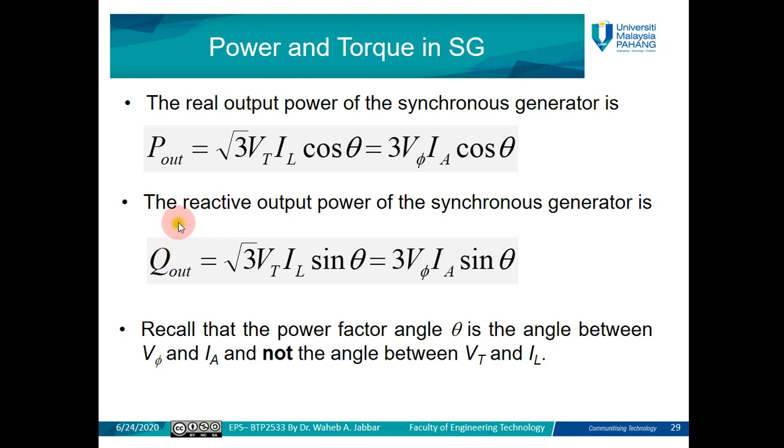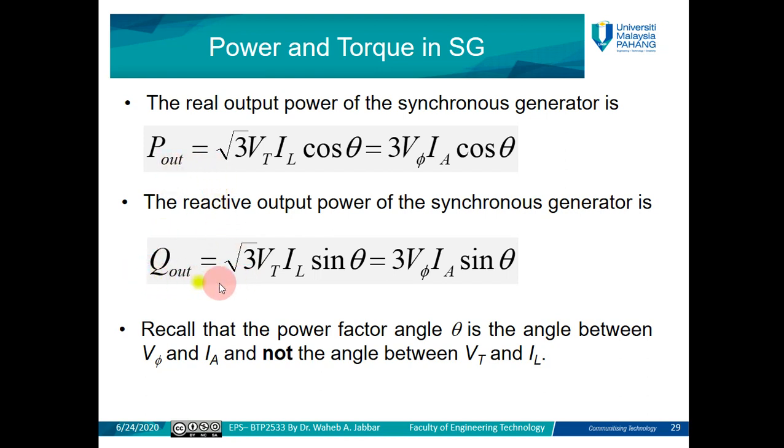We also mentioned that during our transformer lectures, where the rating of a transformer is always represented in kVA, or by the value of S. Then we have the real power, which represents the relation between the current and the voltage times the cosine theta, which is the power factor, and the reactive power, which represents the imaginary part of our apparent power. So S equals P plus or minus jQ.